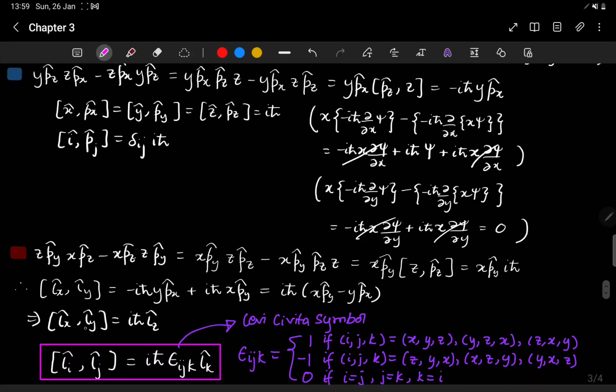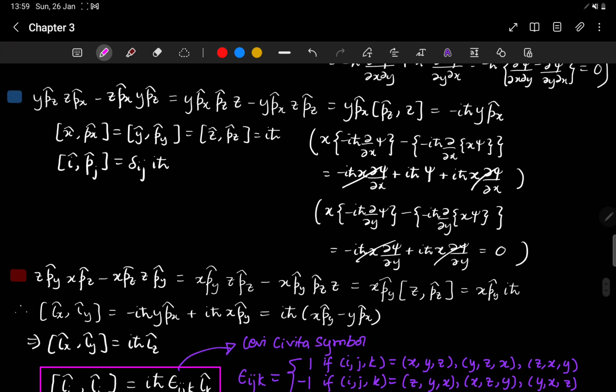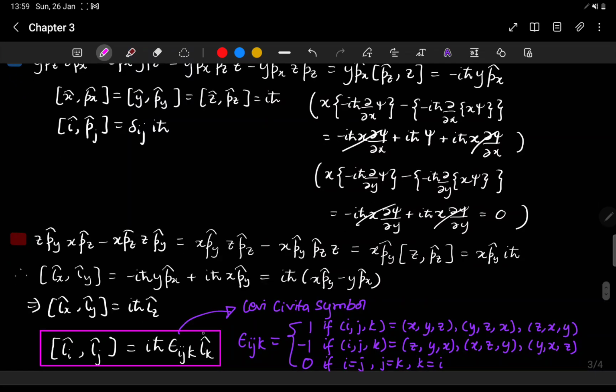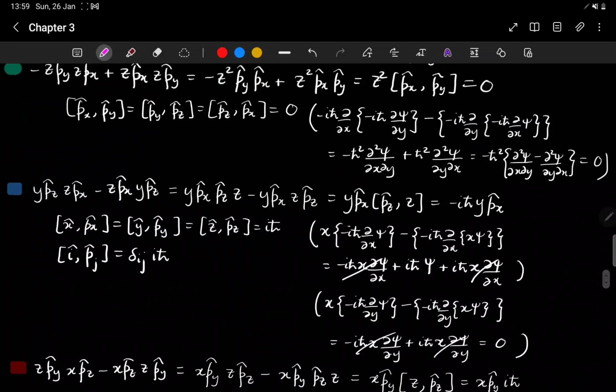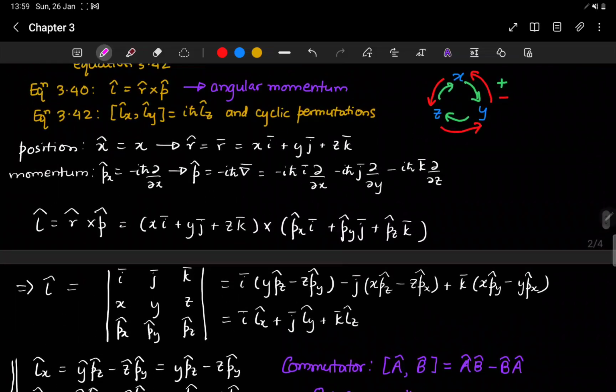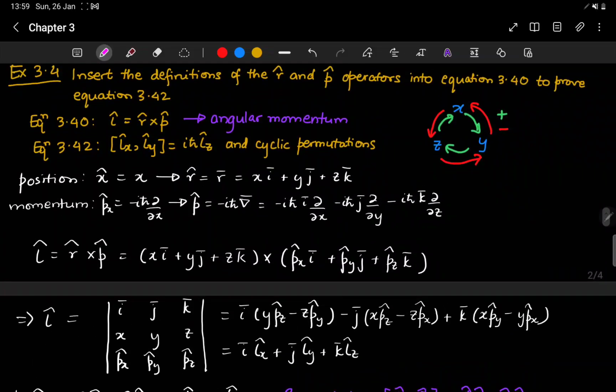Just like we have seen for Lx, Ly operators, you can repeat this entire process for Ly, Lz and Lz, Lx, and you will see that you will get this result in cyclic permutations. So this completes the question where we saw the commutator of the components of the angular momentum operator.